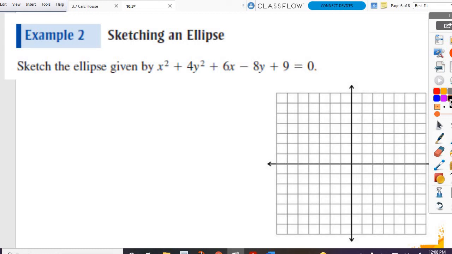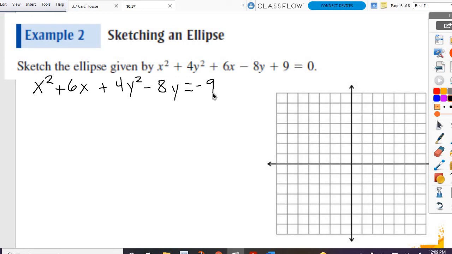You do factor, but a specific type of factoring. We want to complete the square, because we want to be able to factor them to perfect squares. So we have to pick numbers that make them perfect squares. So our first step is going to be just to write our x stuff together and our y stuff together. And then anything that doesn't have either one, I'm going to move to the other side.